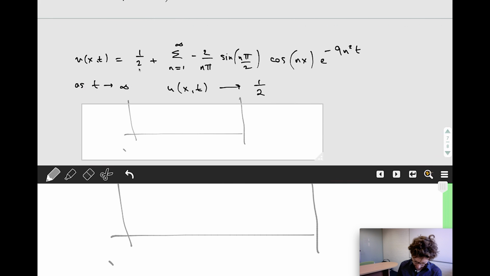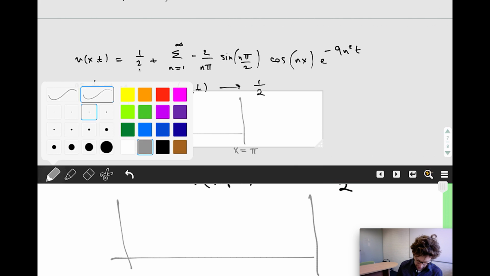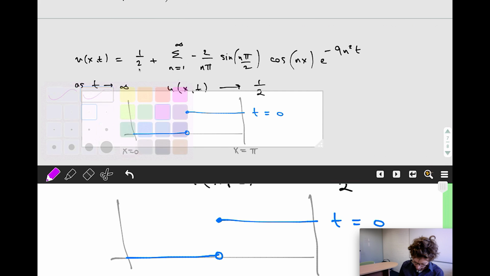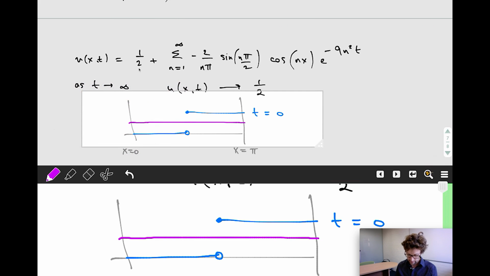So here's x is equal to 0, here's x is equal to pi. Our initial temperature distribution is given by something that looks like this. So this is u at t is equal to 0. And the final temperature distribution is just going to be half of that. It's going to be the average value of that. So that's as t goes to infinity.